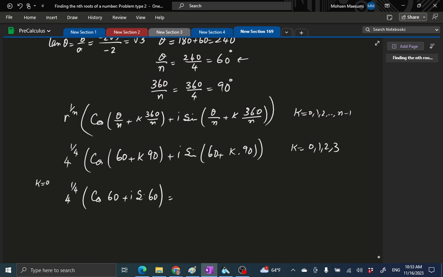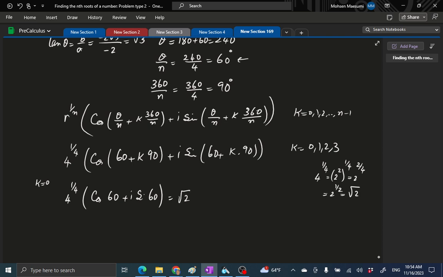So that's going to be 4 to the power of 1 over 4. We could perhaps simplify a little bit. 2 squared to the power of 1 over 4 is 2 to the power of 2 times 1 over 4. It's 2 to the power of 1/2, so that's a little bit easier to talk about. It's just square root of 2.